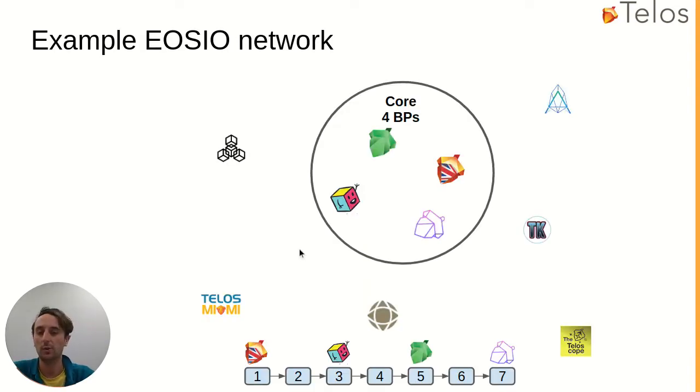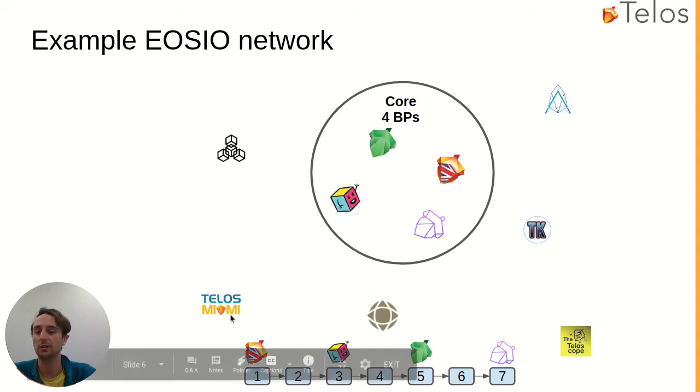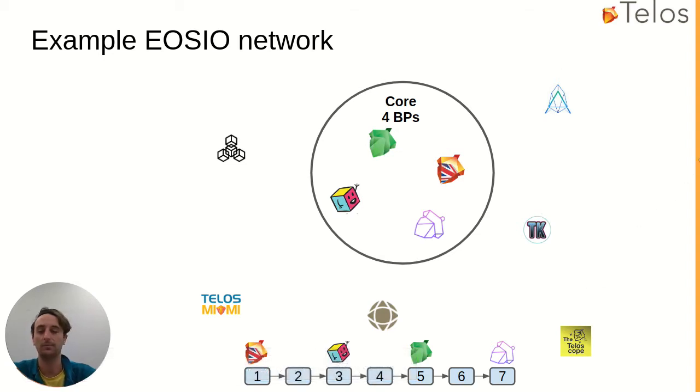So in our example network, we have four top BPs: Telos UK, Good Blocks, Telos Green, and Telos DAC have made the cut. They've been elected as the top 4 BPs. In our network, we also have several other BPs around the place who are going to play a role as well.